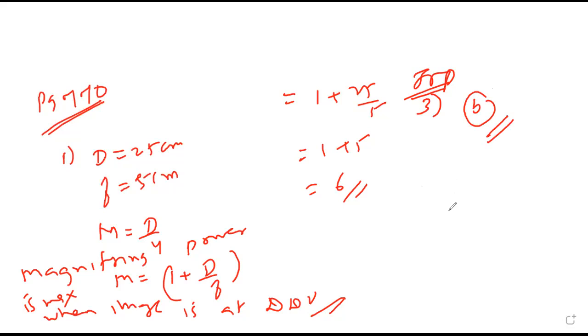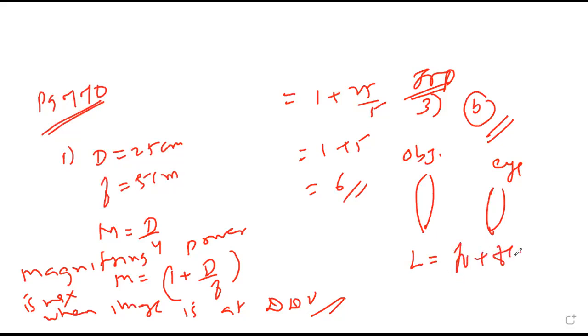Fourth, when the length of the microscope tube is increased, what is the magnifying power? The microscope tube is the objective and eyepiece together. So the distance between them is increased, meaning FO plus FE is increased. Then what about magnifying power?